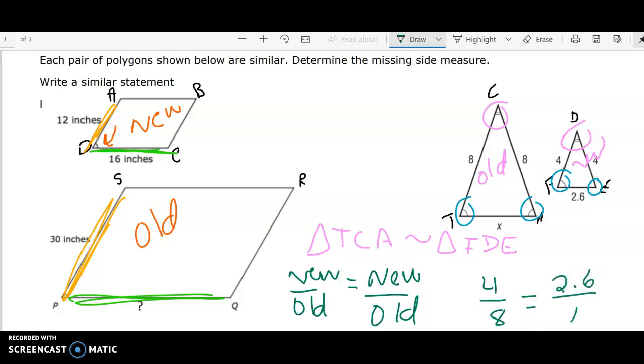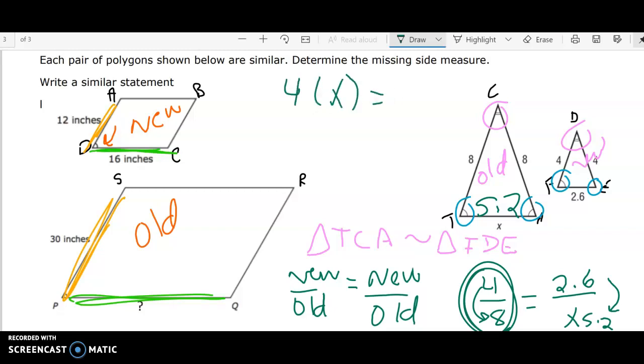2.6 is to x. And right here, I'm going to notice that 4 is half of 8, or in order to go to the denominator, I multiplied by 2. So if I multiply by 2, it's 5.2. The other way you could do it is 4 times x equals 2.6 times 8.